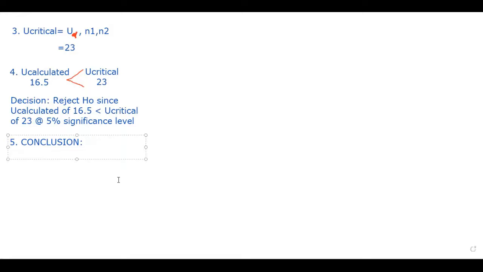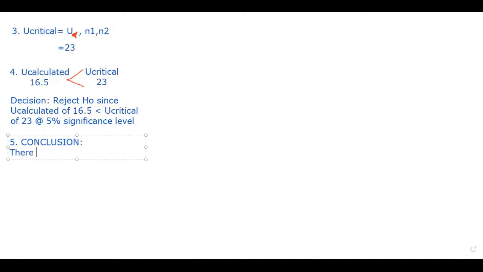And with this decision rule, we are rejecting H0. The H0 is saying there is no significant difference. If we are rejecting H0, then what will be the conclusion? It means there is a significant difference.